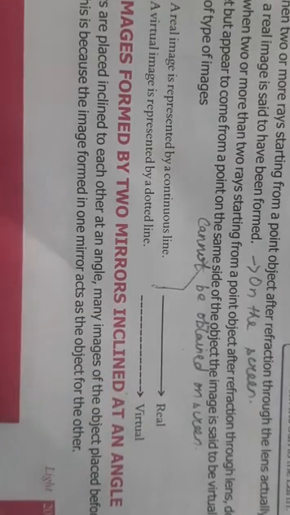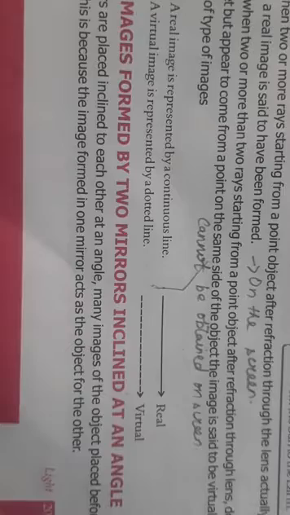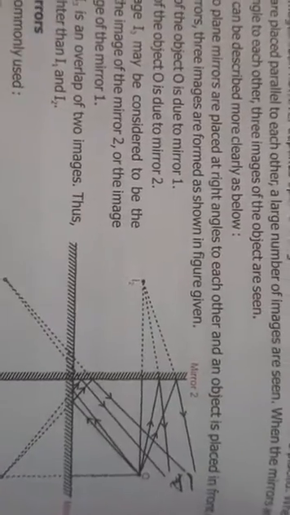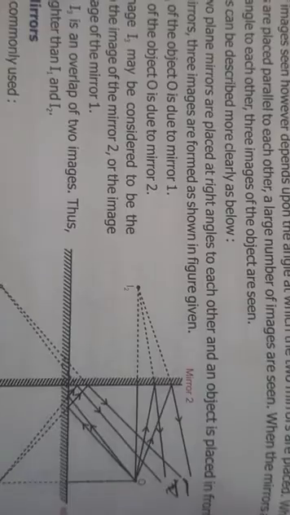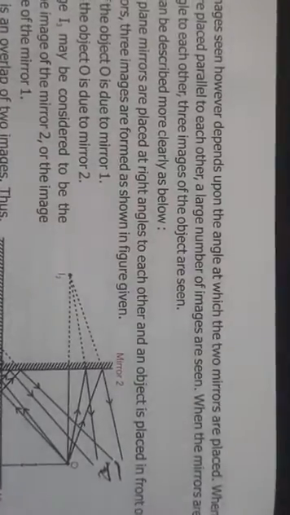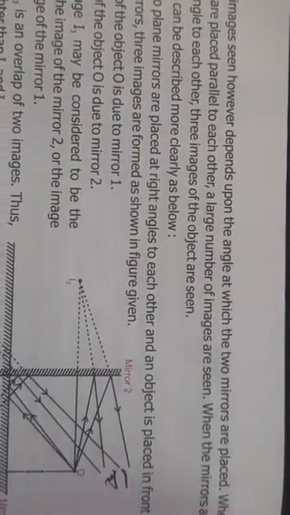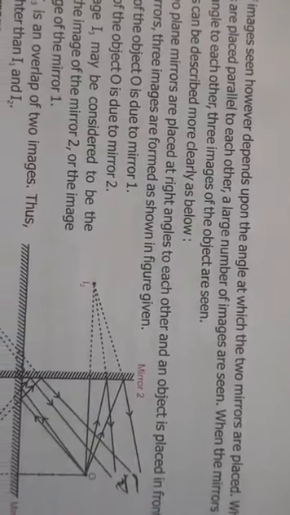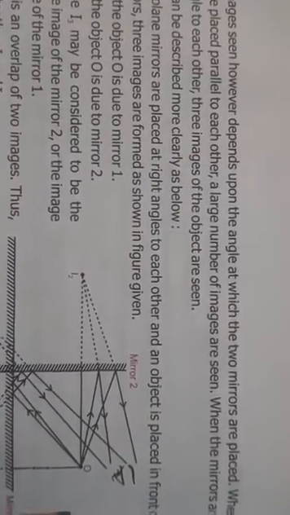Now we come to multiple images formed by two mirrors inclined at an angle. Children, the number of images you see when you place two mirrors depends on the angle at which the mirrors are placed to each other.